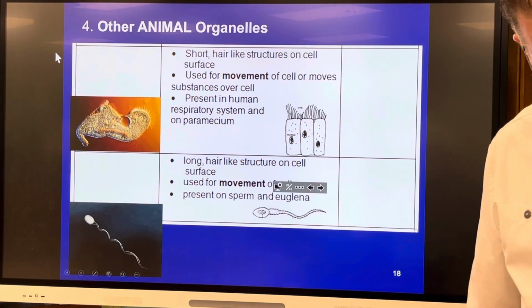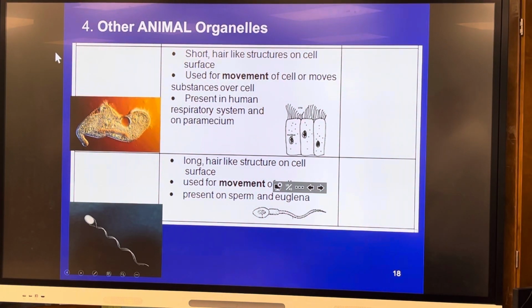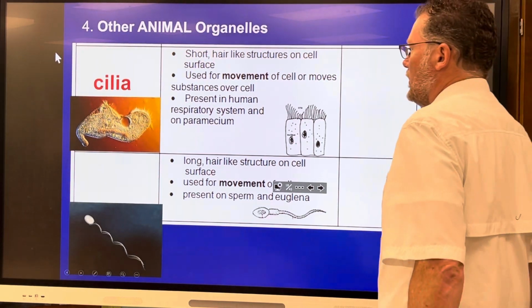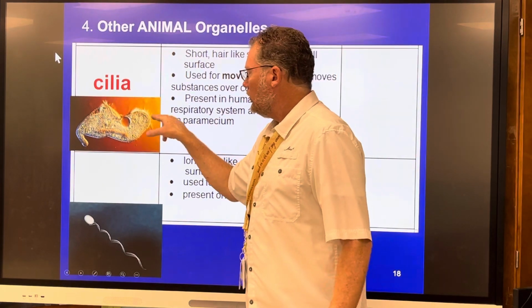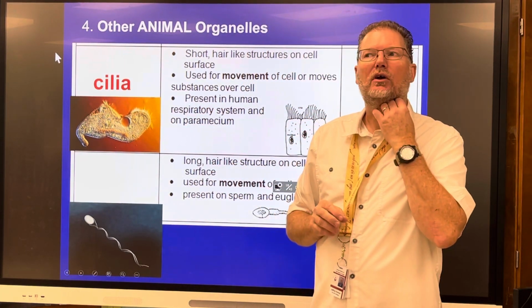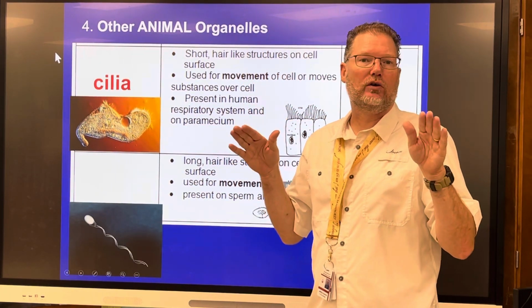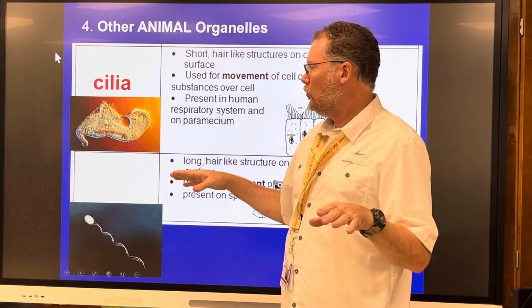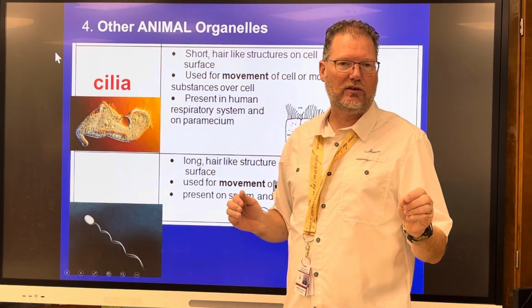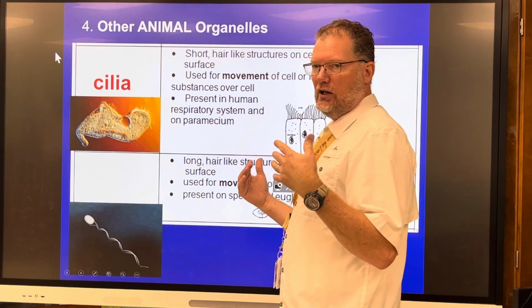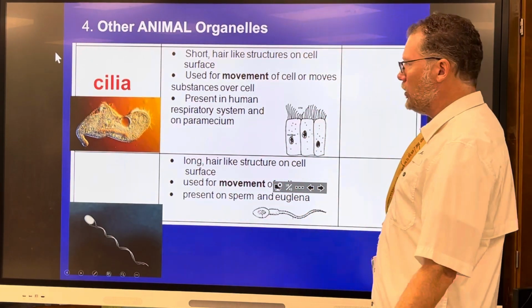All right, so we're on, again, bottom of page 4, slide 18, and we've got cilia, which I mentioned last time. These are tiny hairs that beat like little oars in a boat, and they move the single-celled organism around in its environment, in water, right?